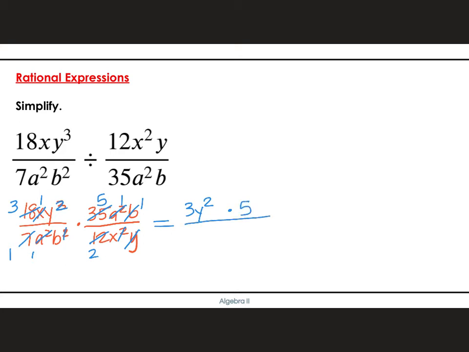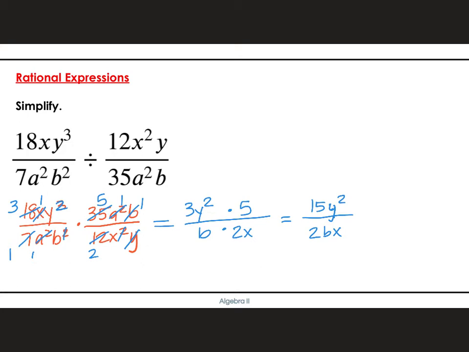And then on the bottom, I have 1 times b times 2x. When I simplify that out, that's going to be 15y squared over 2bx.